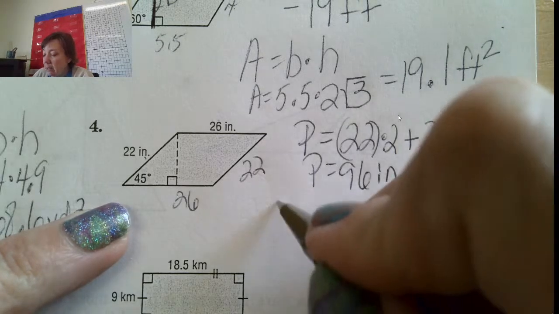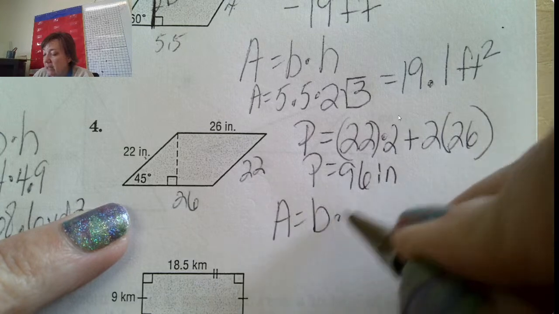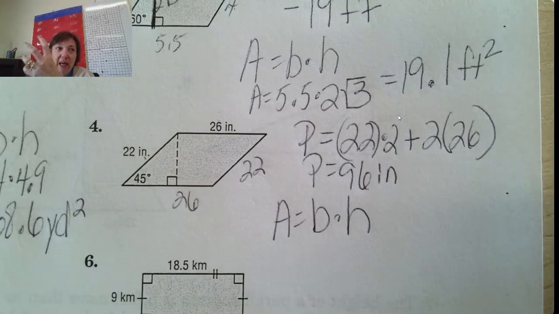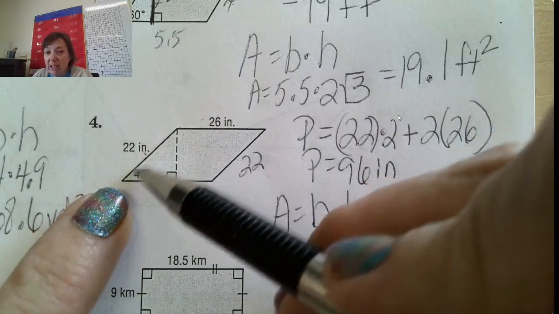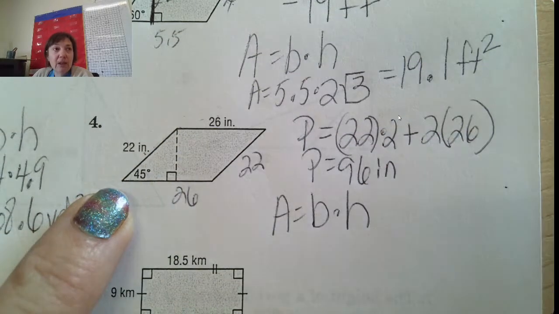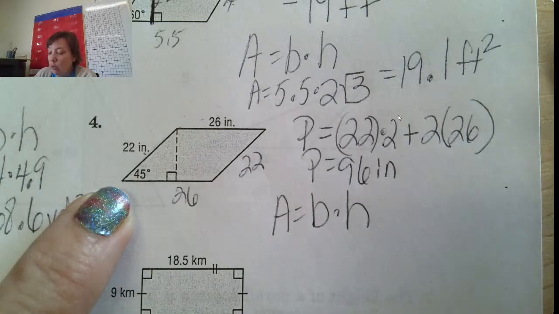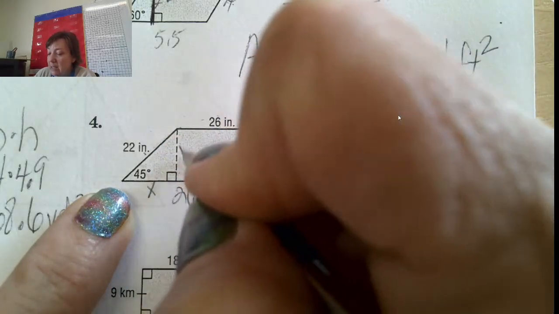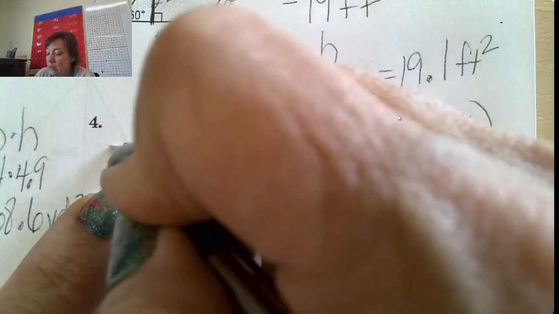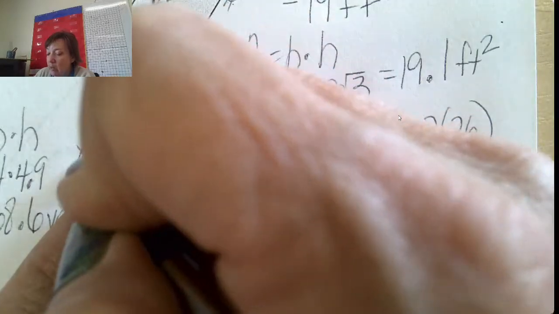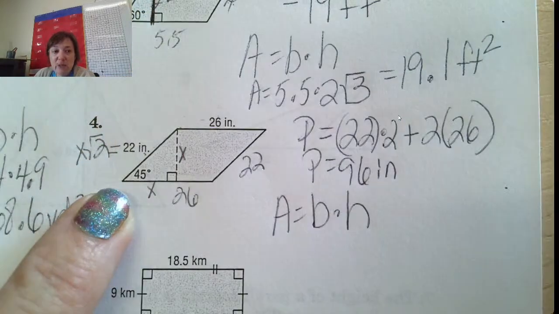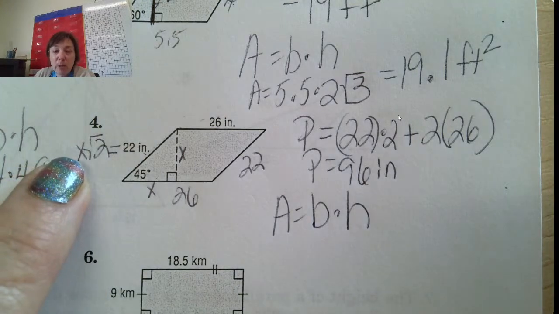On area, we need base times height. But once again, we don't have the height, right? But once again, what did they give us? A 45, 45, 90, which we know this side and this side are congruent, and this side over here is whatever they are times the square root of 2. So how are we going to solve that?